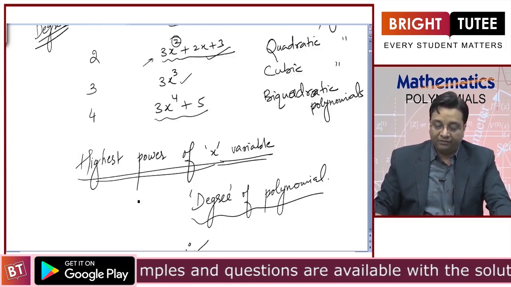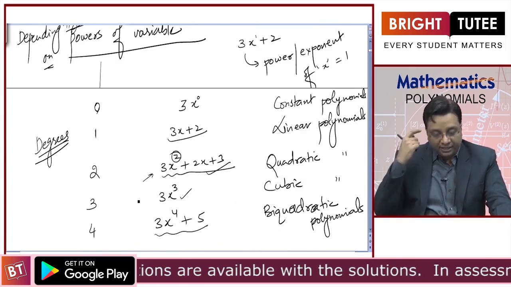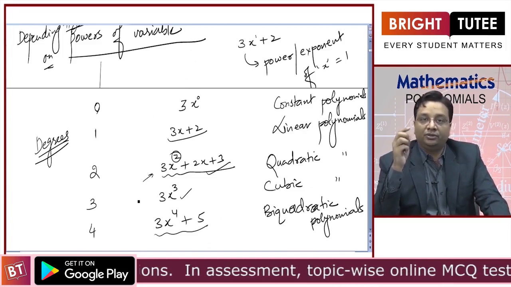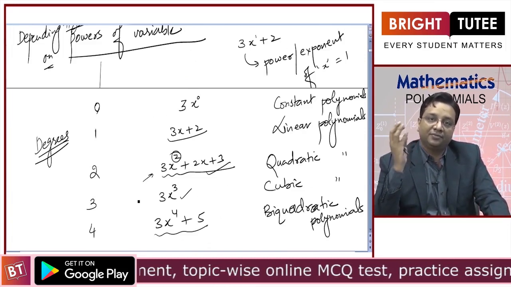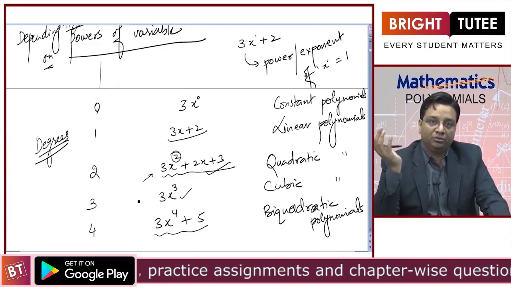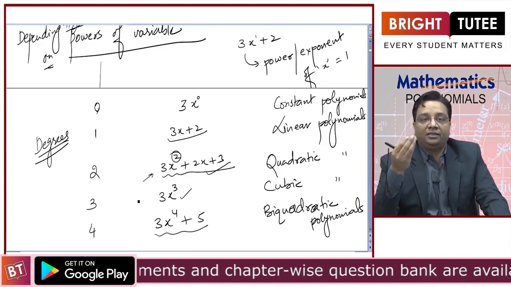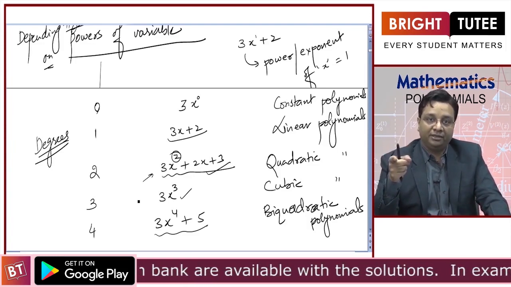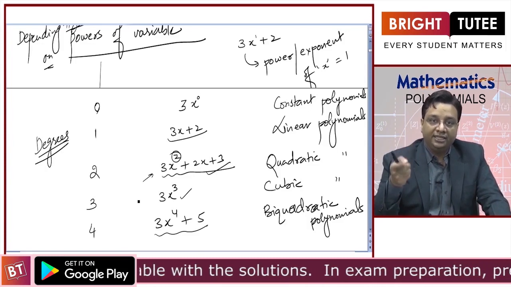Right. So, what have we learned so far? That we can categorize polynomials on the basis of number of terms, that is monomial, binomial, trinomial and polynomials, etc. We can categorize the polynomials depending on highest power of the variable, which we call degree.